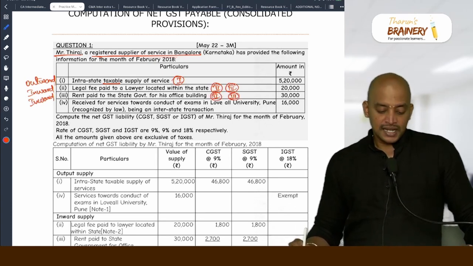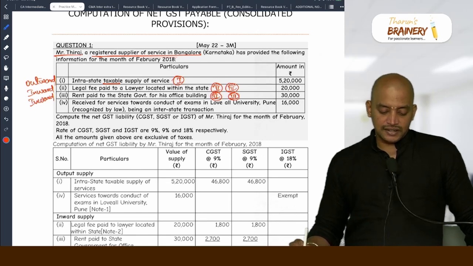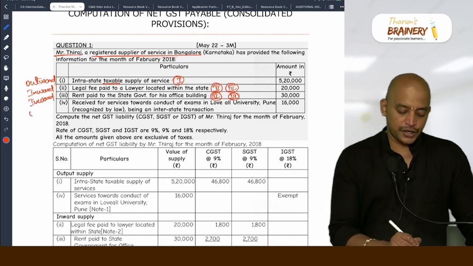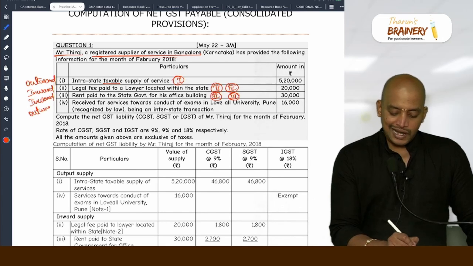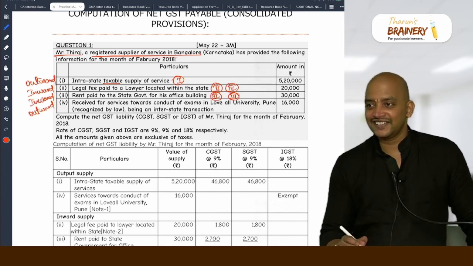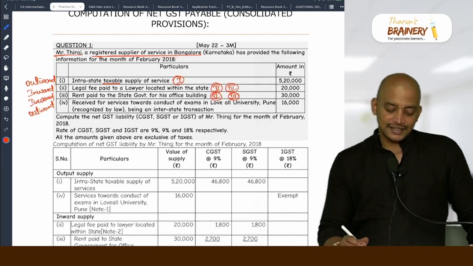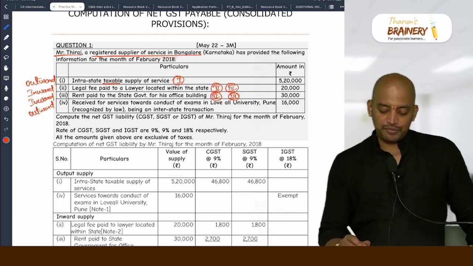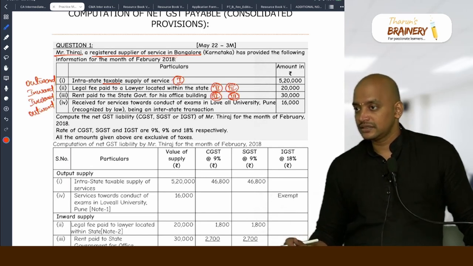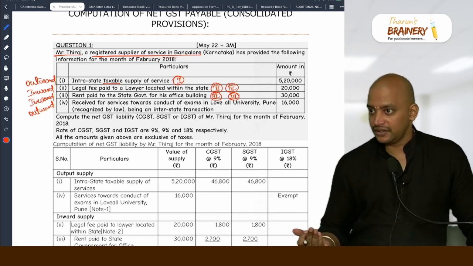Received services, received for services towards conduct of exam. Inward or outward? Outward. Conduct of exam in Laval University. Nice university, na? Okay. So Pune recognized by law being an interstate transaction. Exempted, but outward only, no?